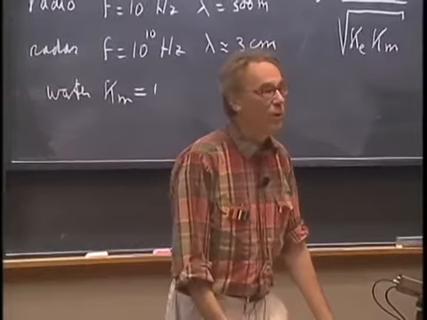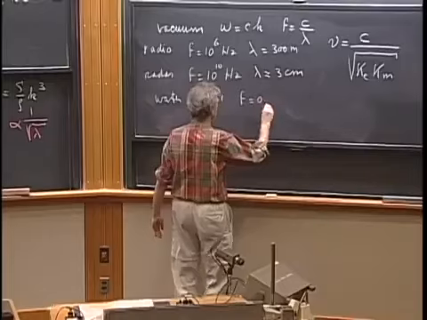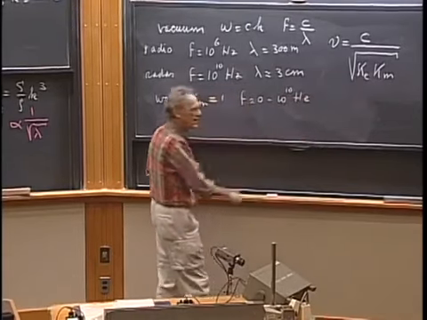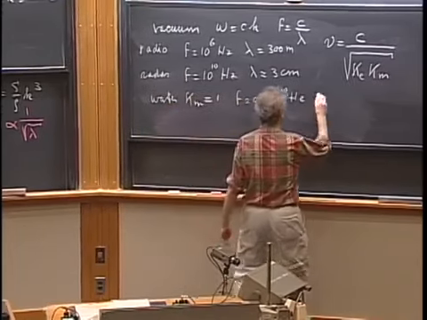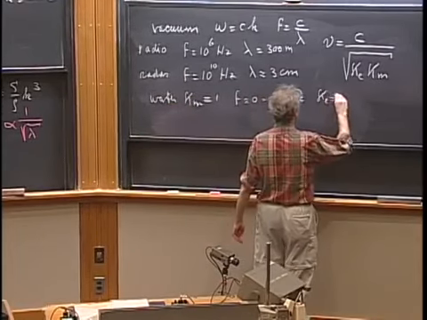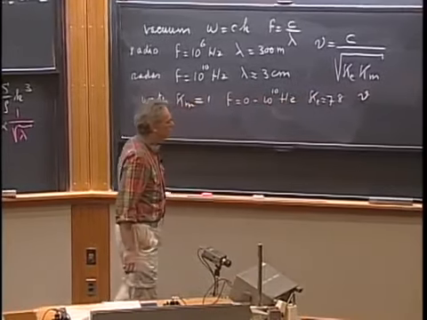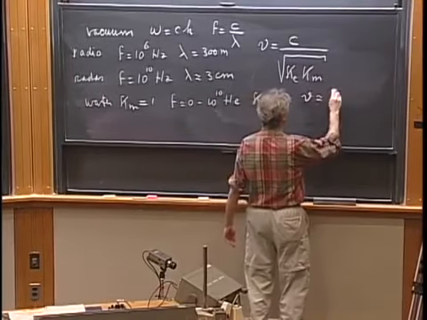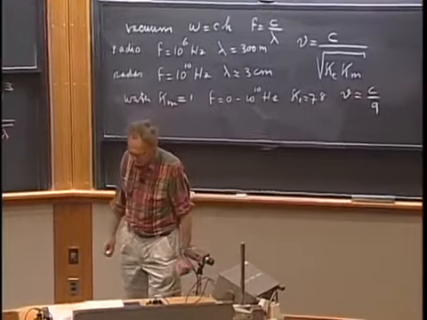It's huge for water. If you look in the frequency range f of about 0 to 10 to the 10 hertz, so that is our 10 gigahertz, that is radar, kappa E is about 78. So that means the speed of radar in water is roughly 1/9 of c. So it's only roughly 10%, it's 10 times slower.